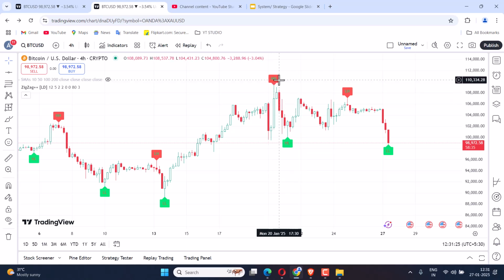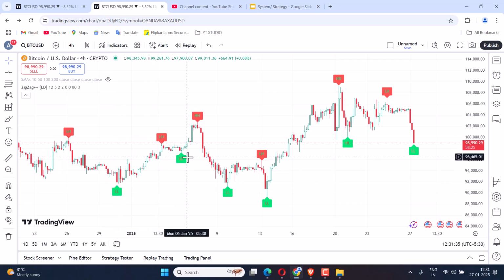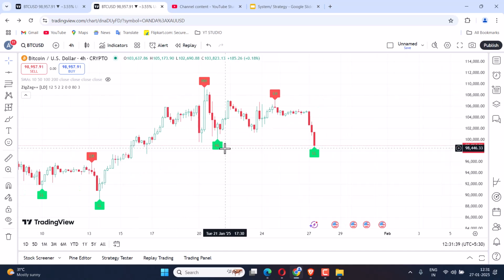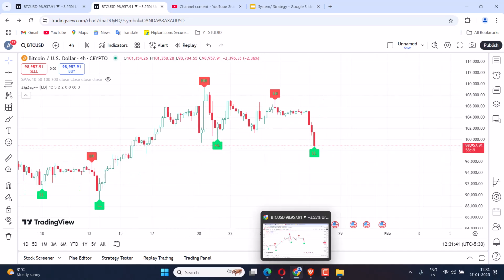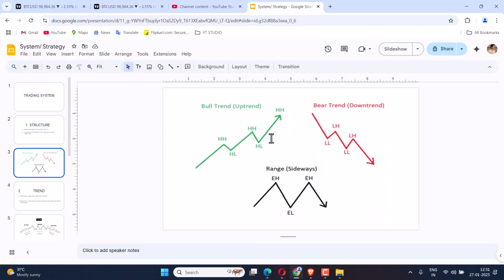We didn't get to this level, we didn't break it, so this is a lower high now. So this is it. Basically structure is just the market creating lower low, then lower high, higher low, higher high. This is it. And to put it in a presentation video, this is what the market is always doing.